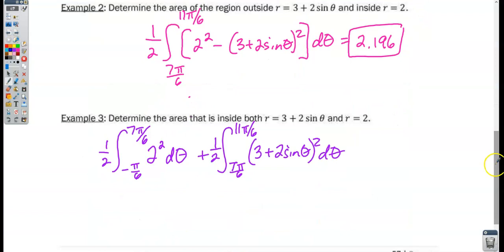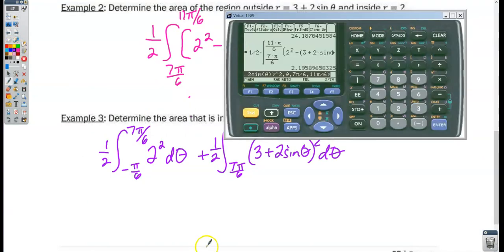And so now that we've got all that set up, all we need to do is go ahead and punch it up on our calculator. 1/2 times the integral of 4 with respect to theta from negative pi over 6 to 7 pi over 6, plus 1/2 times the integral of the quantity 3 plus 2 sine of theta, quantity squared with respect to theta from 7 pi over 6 to 11 pi over 6.